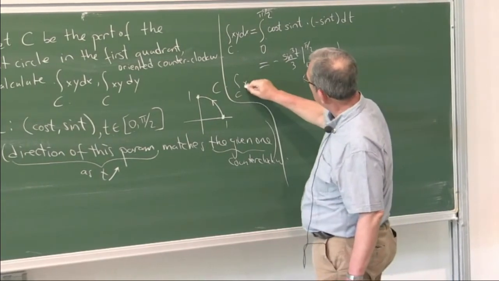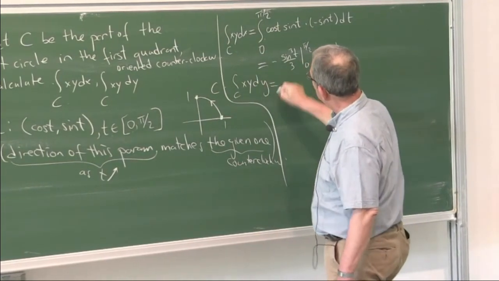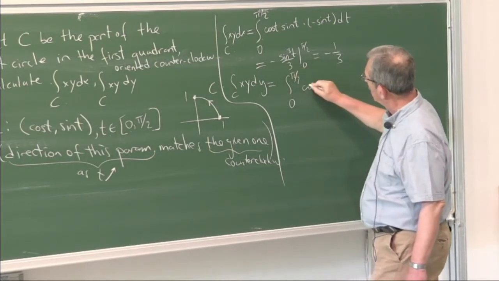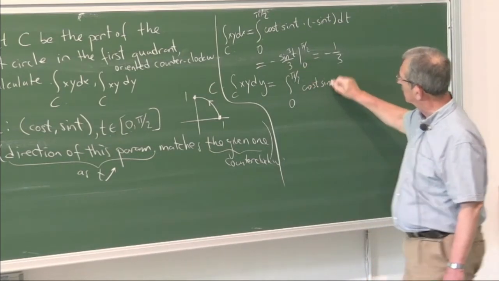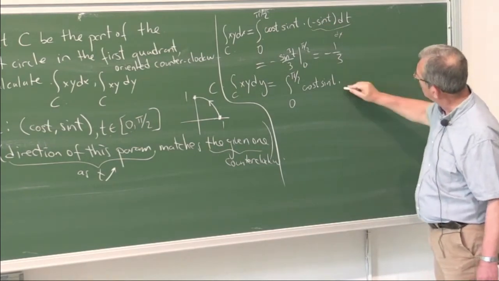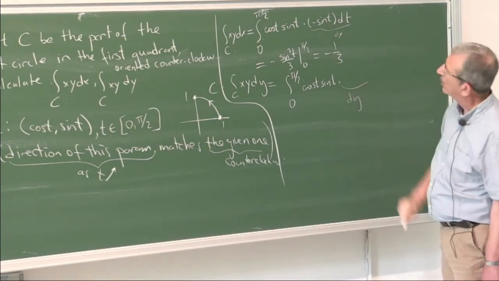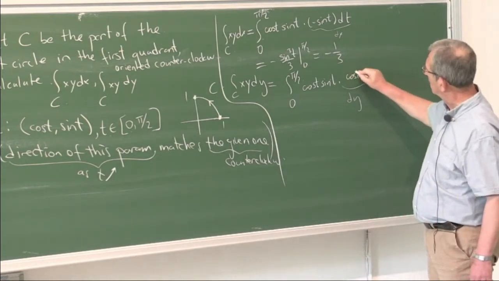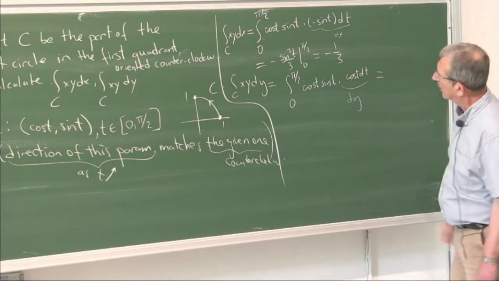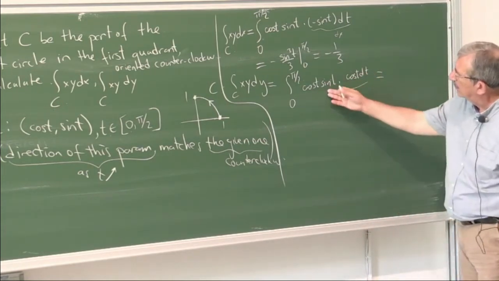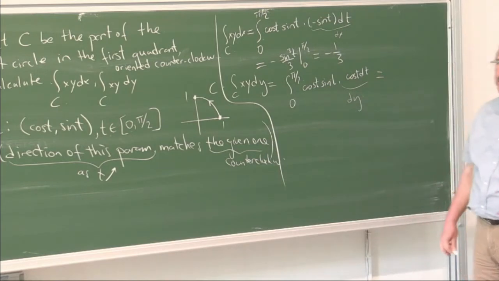Whereas xy dy would be the integral from 0 to pi over 2 of cosine t sine t. Now here we have dy, which would be the derivative of sine t. So we have cosine squared, and its derivative is sine t.